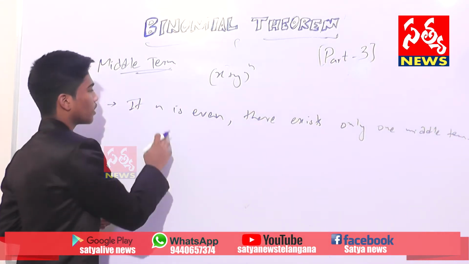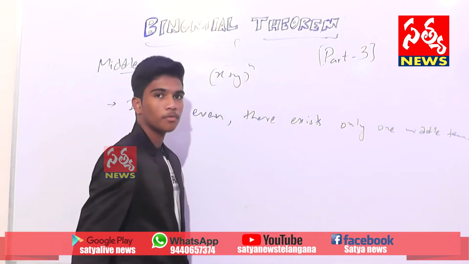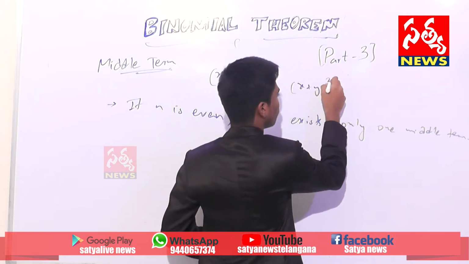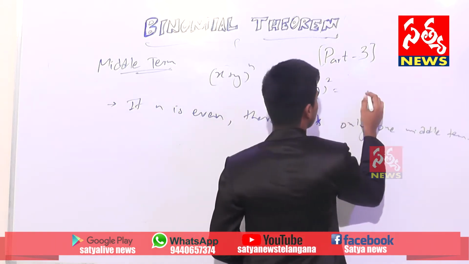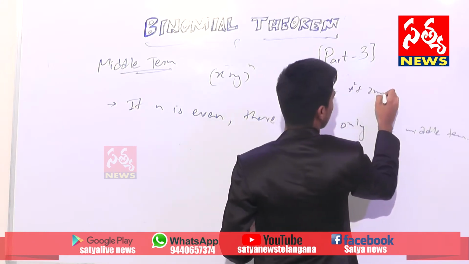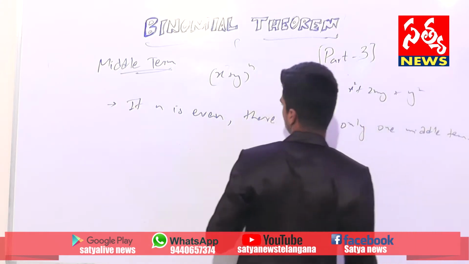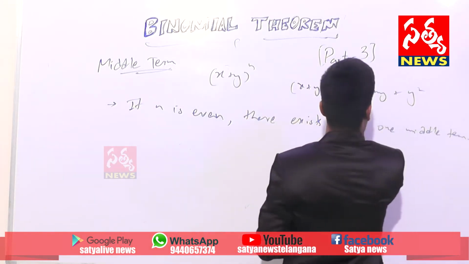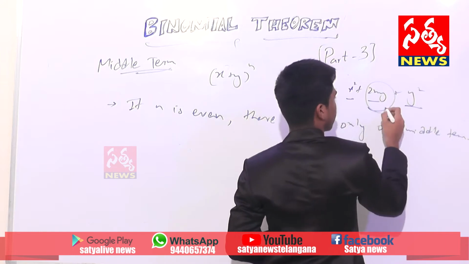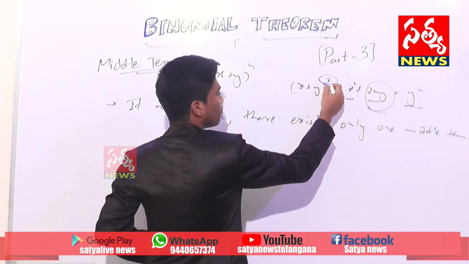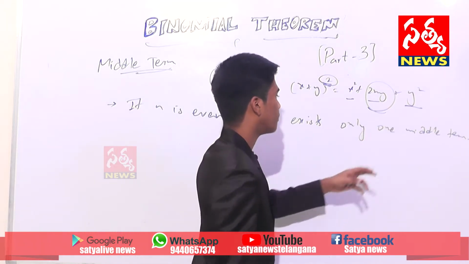As you know, if n is even, the number of terms is n plus 1. Let's take an example. If (x plus y) whole square is present, we get x square plus 2xy plus y square. So there exists only one middle term. First, second, third. The second one is the middle term, right? So, for even powers, there exists only one middle term.